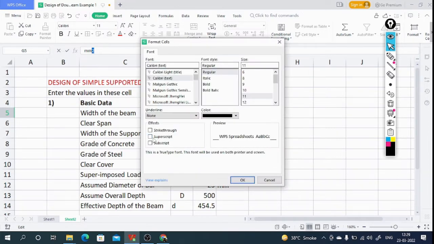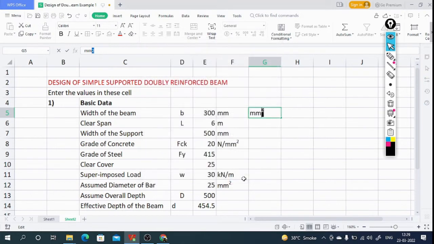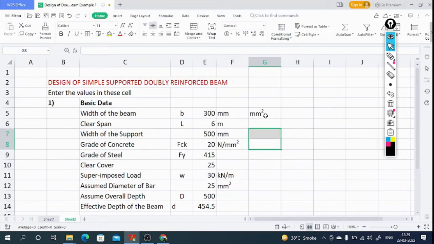You just have to check superscript or subscript, whatever you want. Here I want superscript and I will press OK, and here I am getting superscript. If you want to add subscript, the same procedure has to be followed, but you have to check subscript.